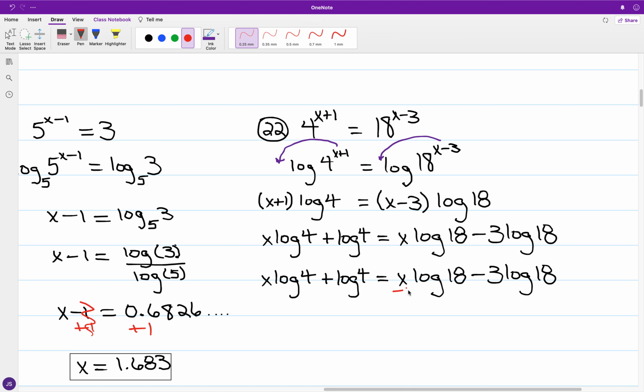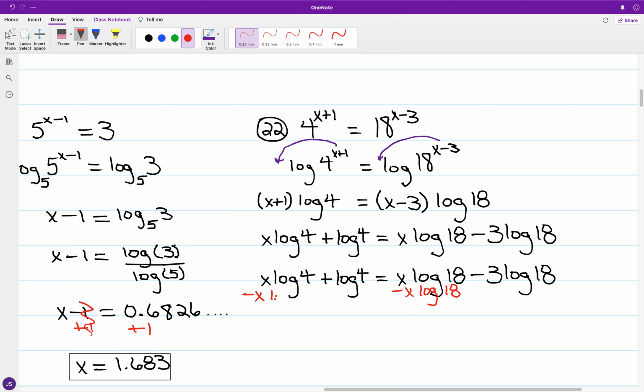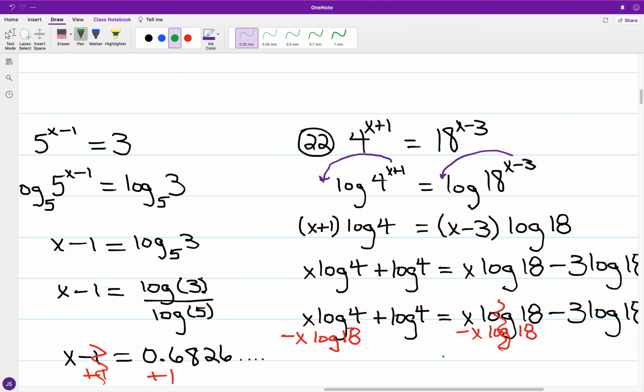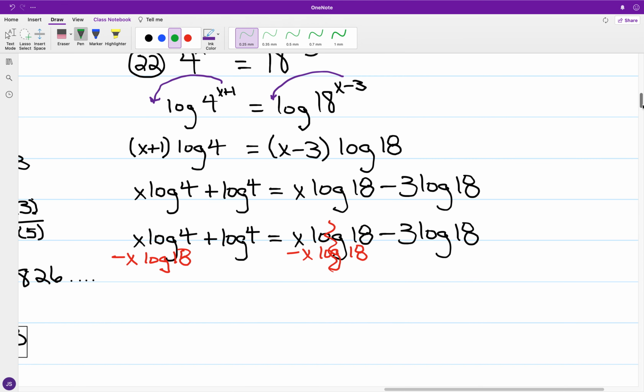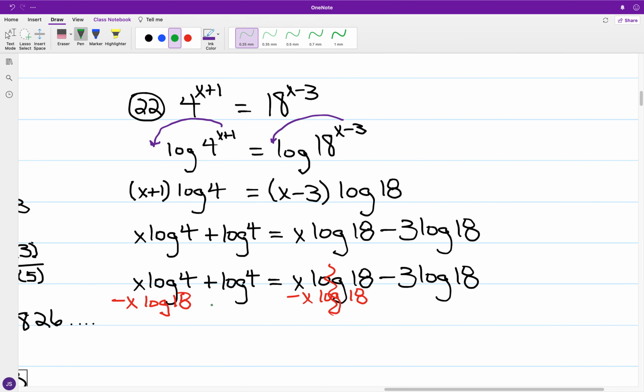I'll move the term x times the base 10 logarithm of 18 by subtracting. And keeping the non-variable terms on the other side, I'll move the base 10 logarithm of 4 by also subtracting.